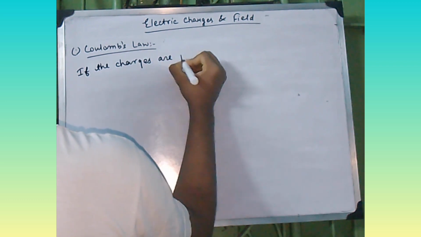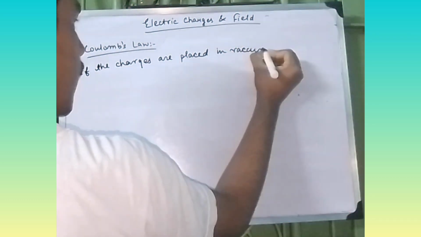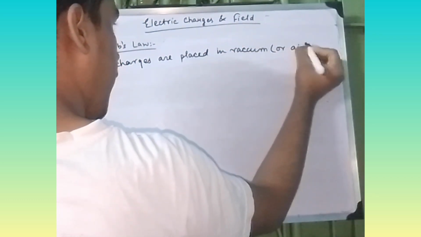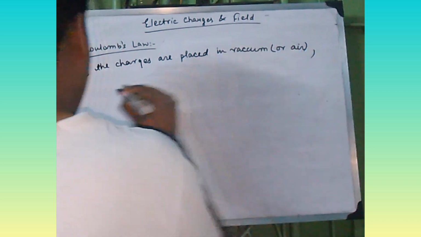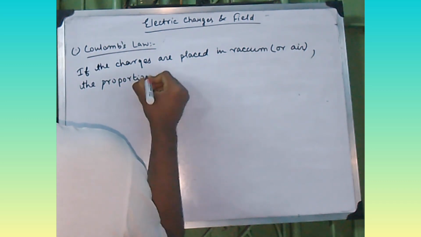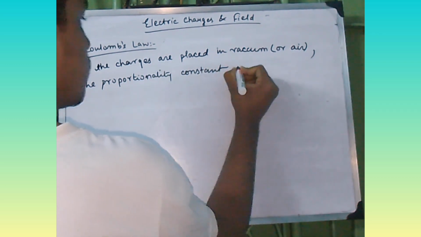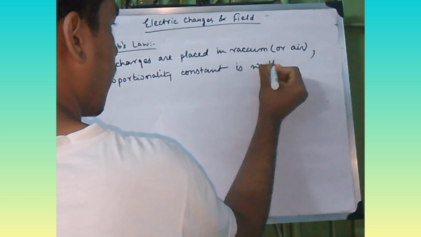If the charges are placed in vacuum or air, then the proportionality constant K in equation 1 will be written as 1 divided by 4 pi epsilon naught or epsilon 0.